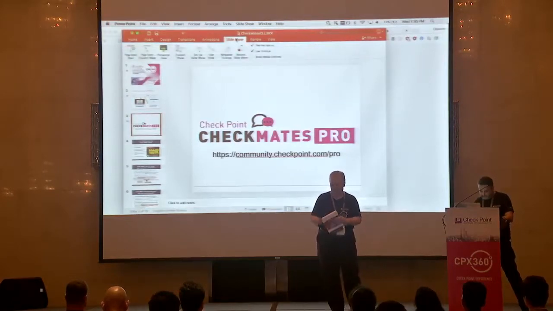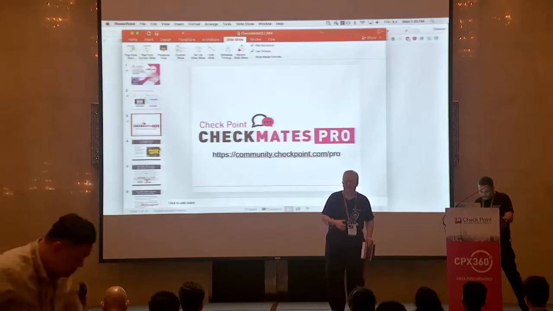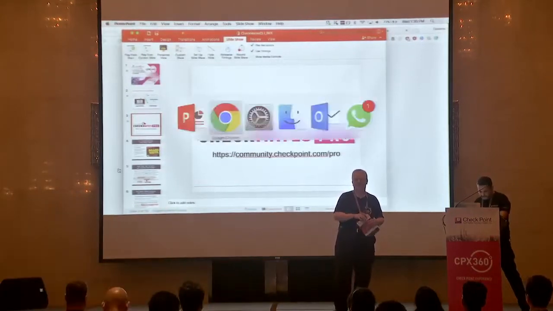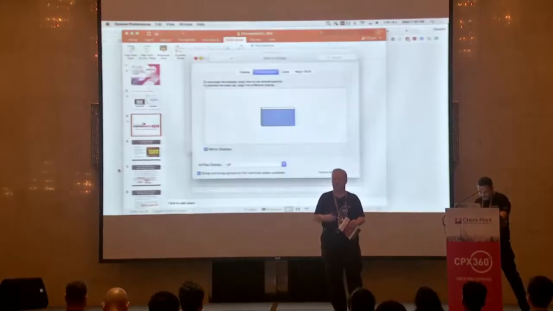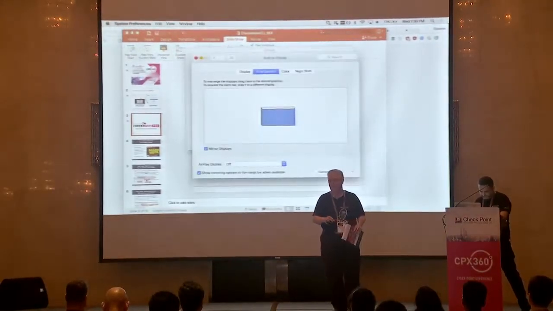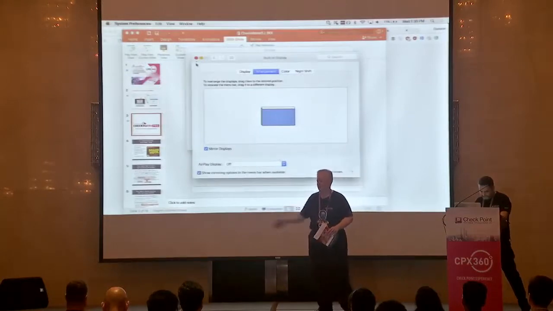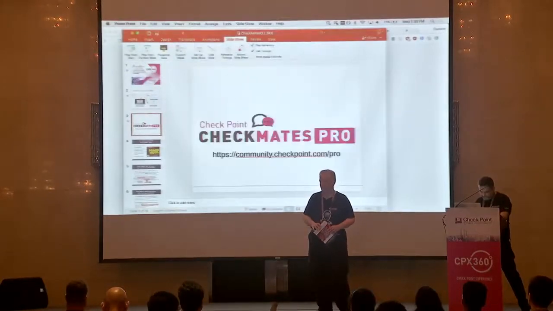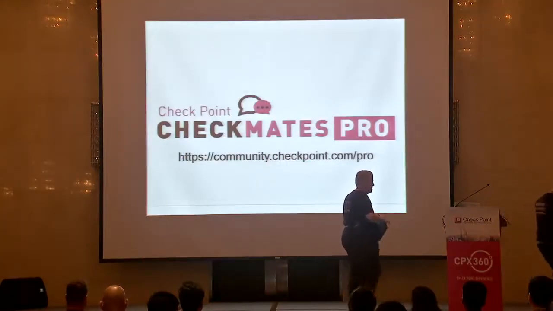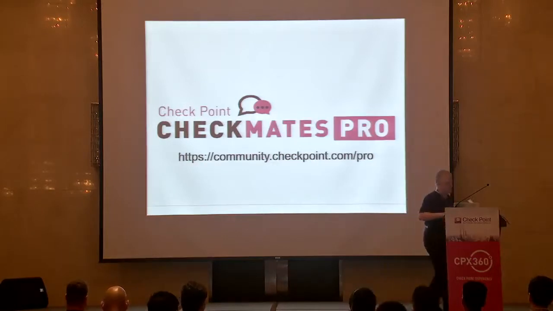There's a lot of documentation in this book. It does duplicate some stuff in SecureKnowledge, but it explains it differently. It does a much better job. It also talks about the nerd knobs, about how these different things work, how packets go through the Checkpoint gateway and how to troubleshoot when things go wrong. And actually some of that stuff will be covered in this presentation that we've now got about 25 minutes for.